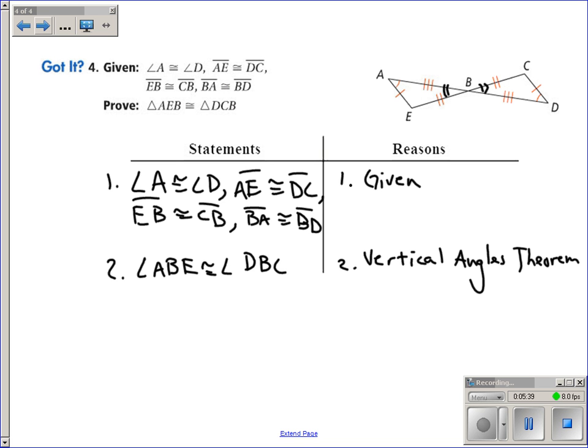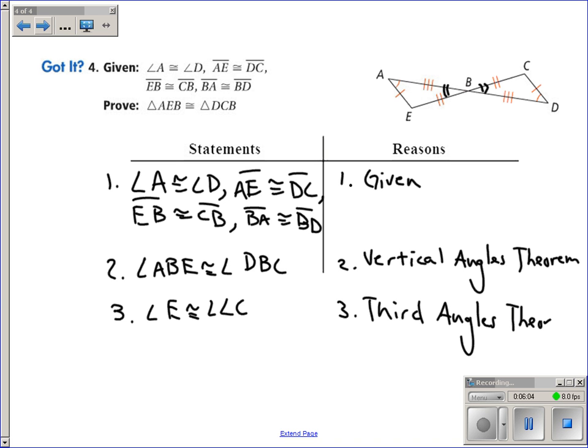Okay, but I need to know that angle E is congruent to angle C. And the reason for that is this new theorem we just talked about, the third angles theorem. So I know that angle E is congruent to angle C by the third angles theorem. Okay, now I have all the corresponding parts congruent to each other.